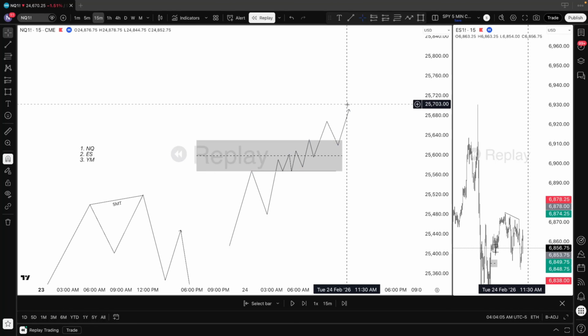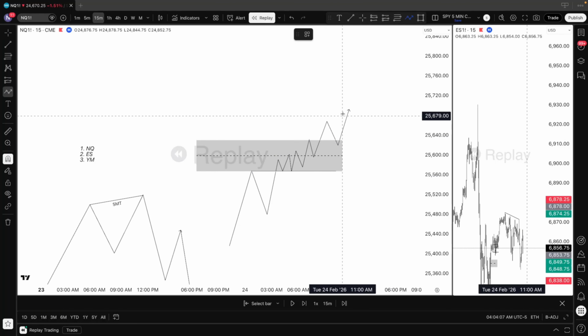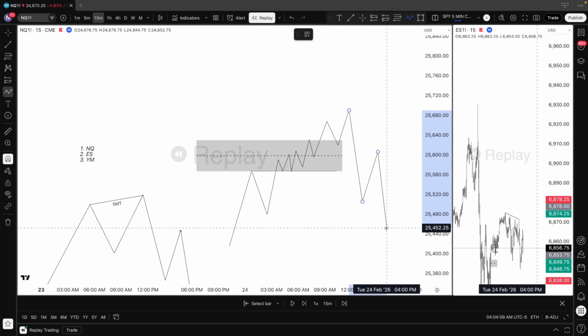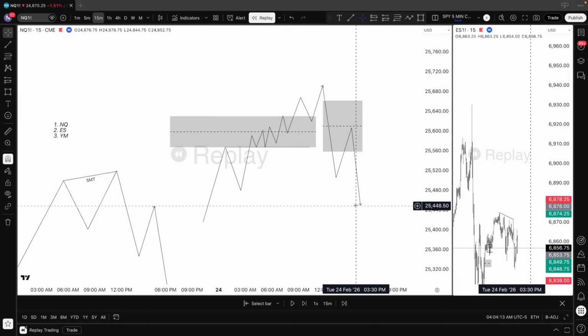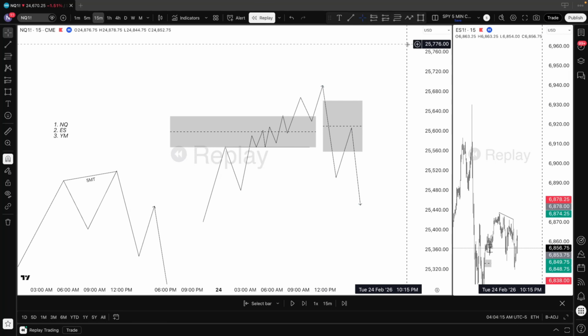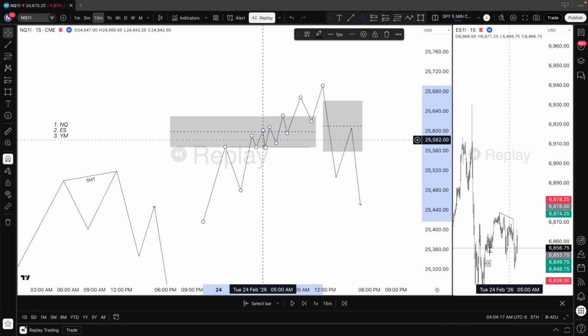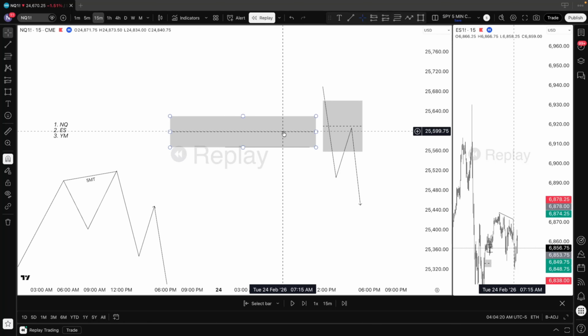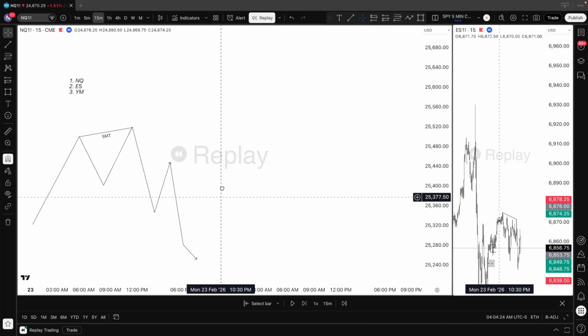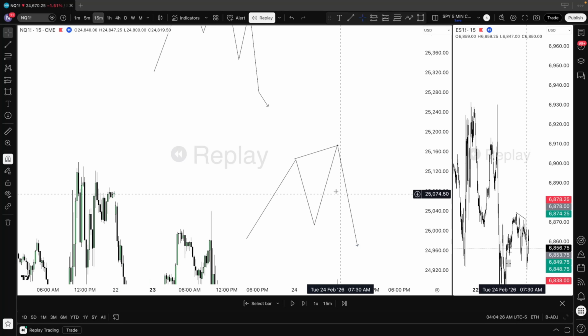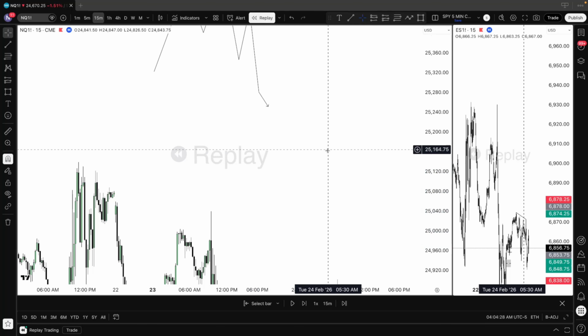Now, let's say it wants to grind higher and then we start to get displacement. Then we look to engage with this price leg here, or even lower continuation, whatever that might be. I need to see some kind of reaction in order for me to validate that SMT. That is the most important thing that a lot of people get wrong. Doesn't matter what time frame you're looking at. So for this example here, I was drawing this out before.